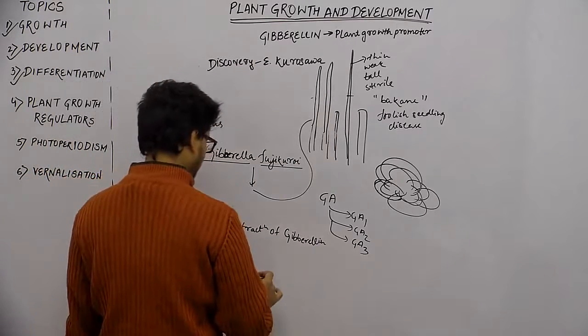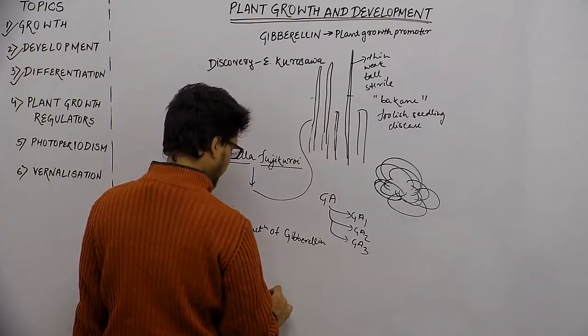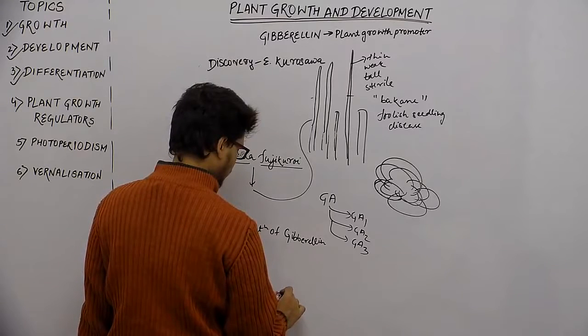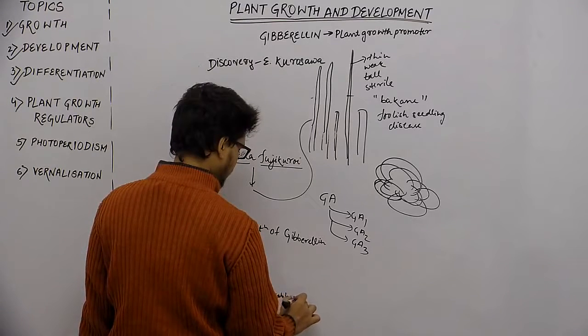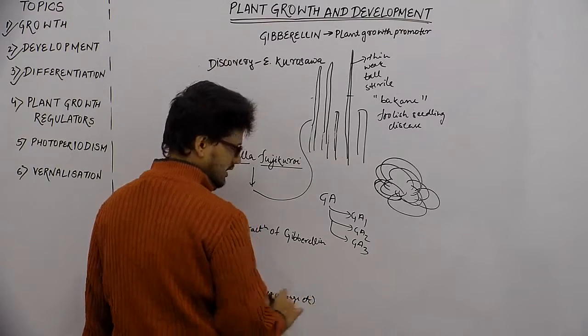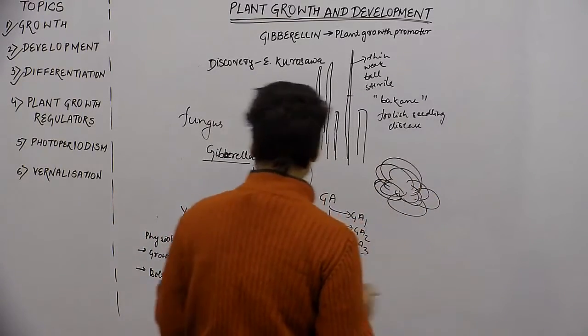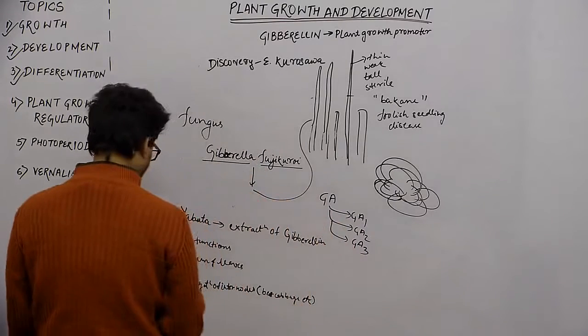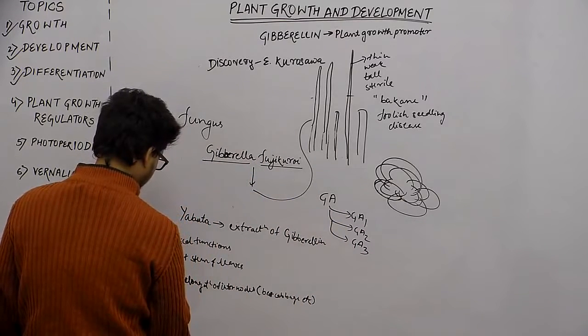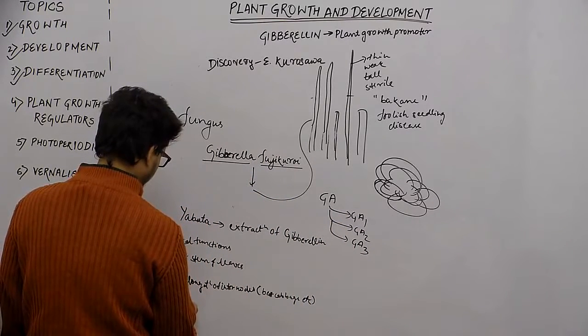It occurs in plants like beet, cabbage, etc. Okay. The last and the most important one is seed germination.